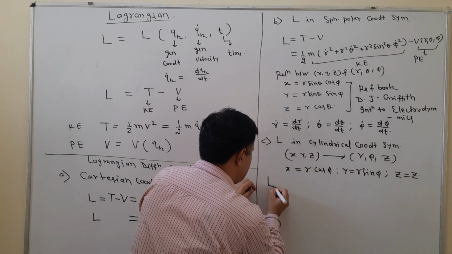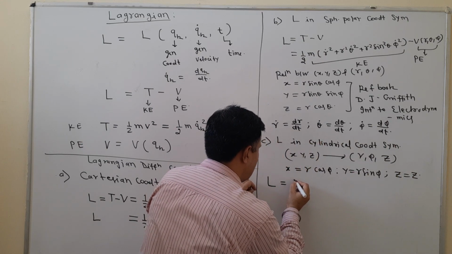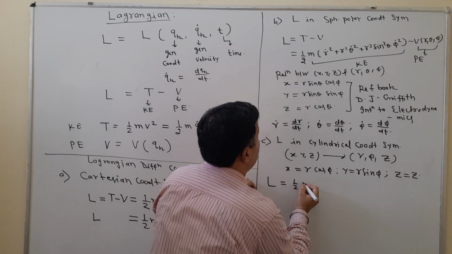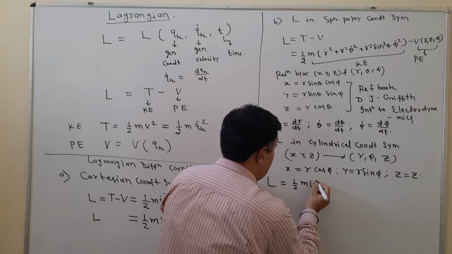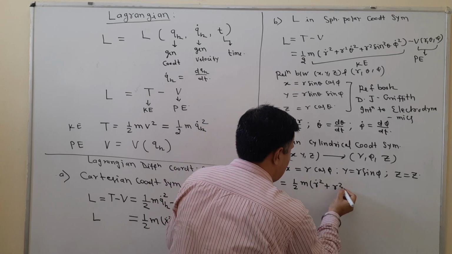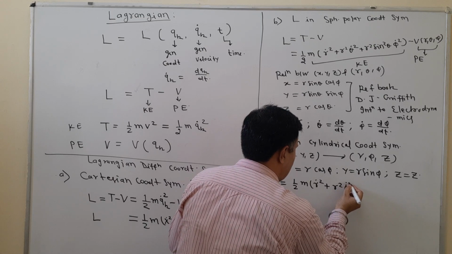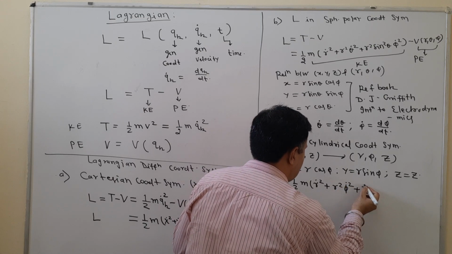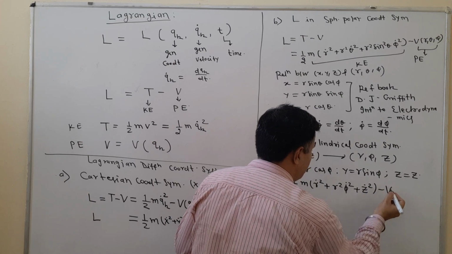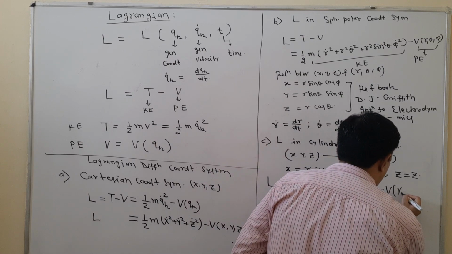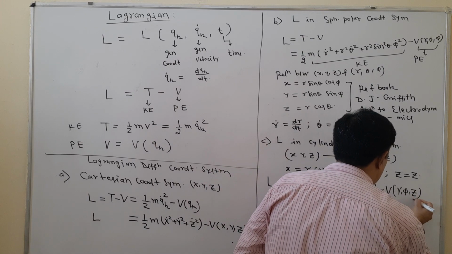So the Lagrangian in this coordinate system is simply 1 by 2 m times (r dot square plus r square phi dot square plus z dot square) minus the potential, which is V of r, phi, z.